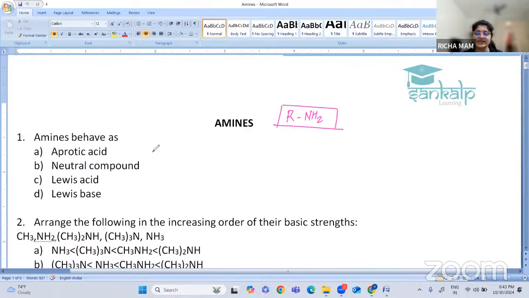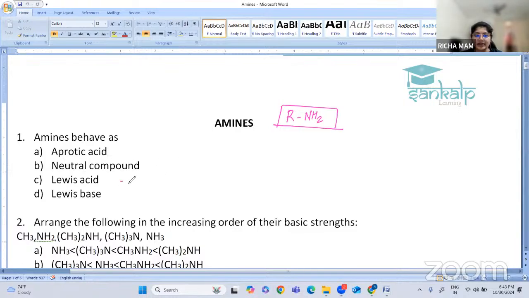What do you mean by Lewis acid? You need to know the meaning first. Lewis acids are those which accept a pair of electrons.